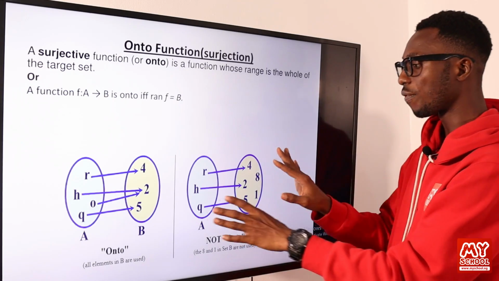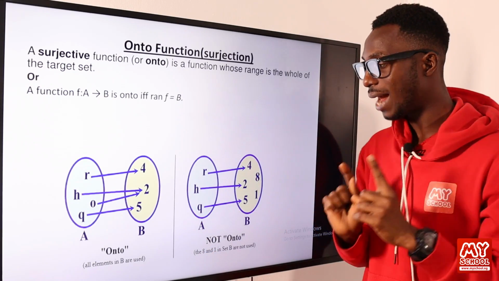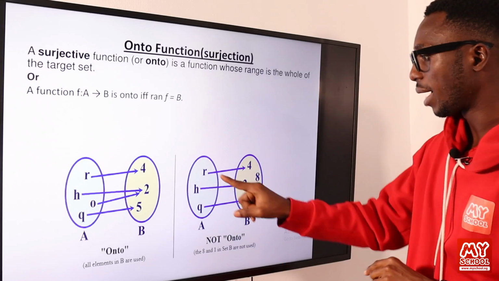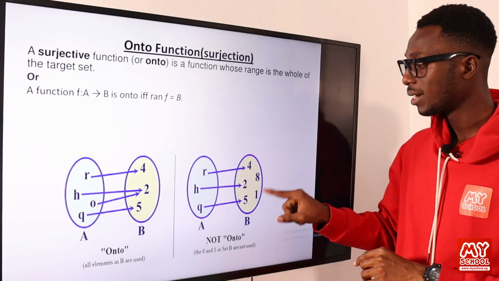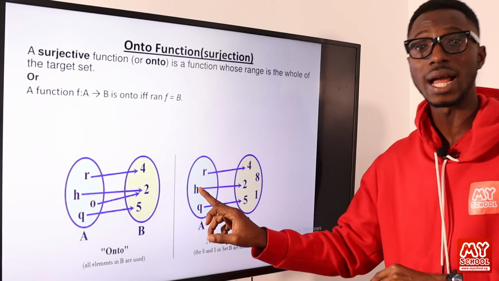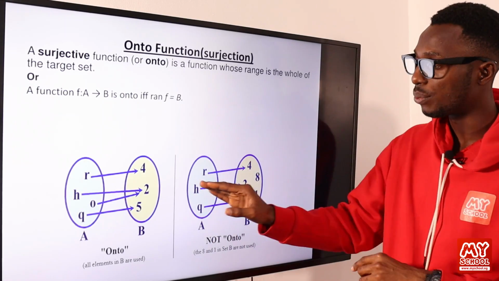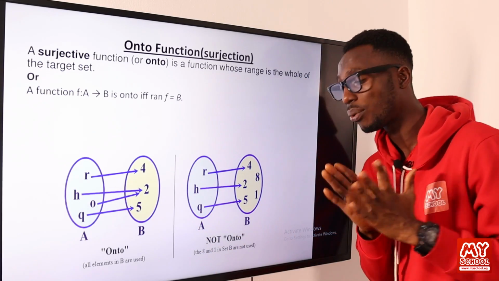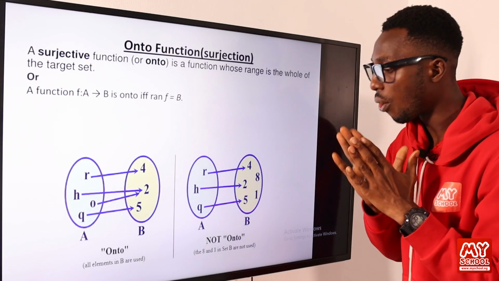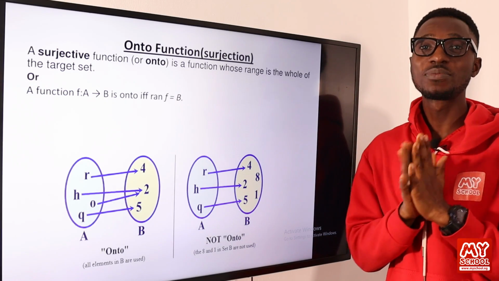Now look at this. This is of course a function, but not an onto function. We have other elements right here that are not actually images of an input, or that are not output of an input. So this is a good example of a relation, but it is not an onto or surjective mapping. So let's move on to the next slide.